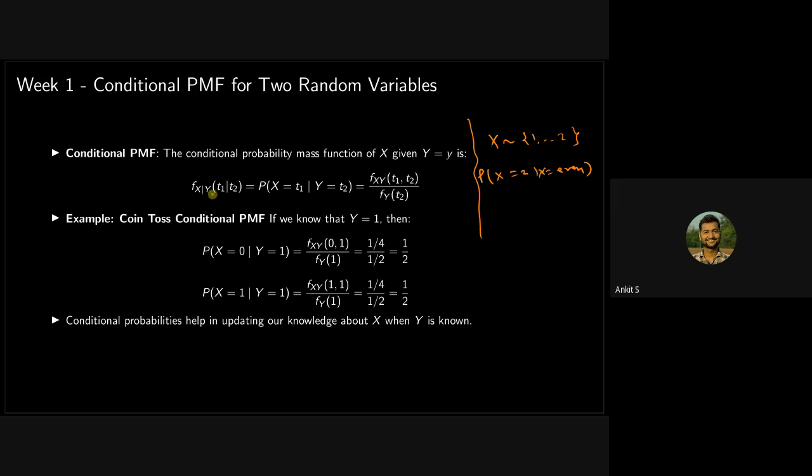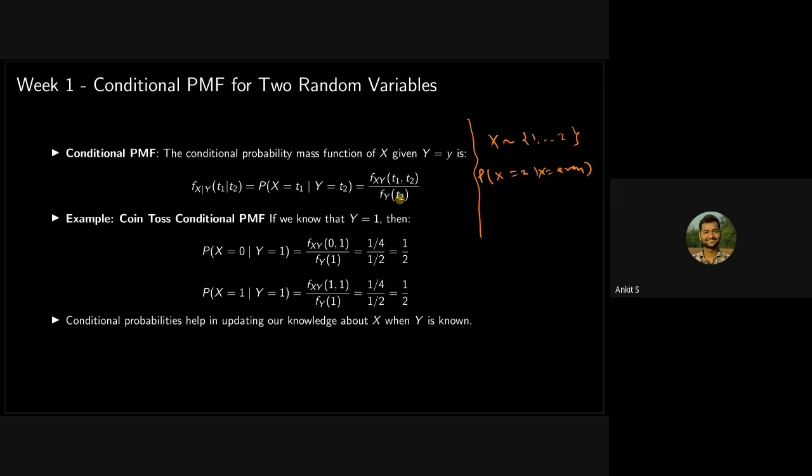But here we have different random variables on both sides. So x given y: x is equal to t1 given y equals t2. You know the formula, I don't need to explain it. On the top you will have the joint probability of both of them taking some value together.